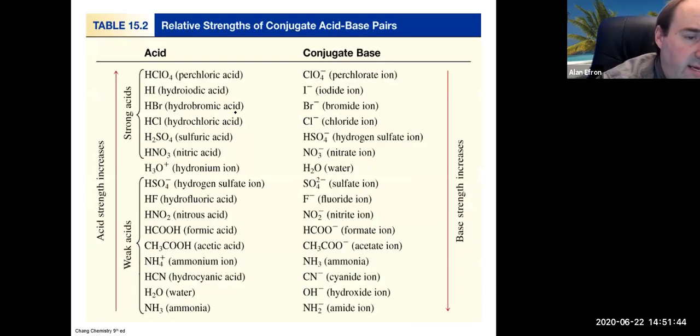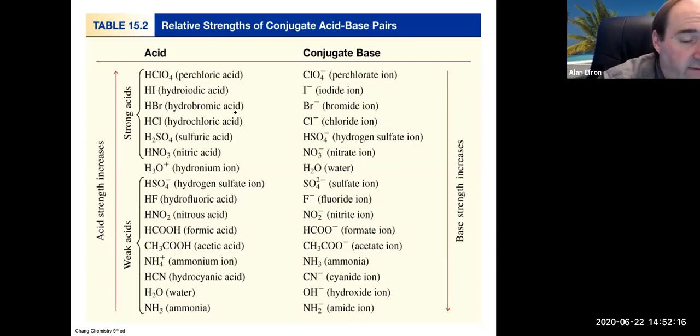Any questions on that? Here's just a table, not from your book, but you have a similar one, again, showing you some of the strong acids and some of the weak acids, and obviously our strong bases on the opposite side. So strong acids on the left going to the top, weak bases, conjugate bases on the top, on the right going down. You don't really need to memorize this table. I think at this point, you should be familiar with what is considered a strong acid.